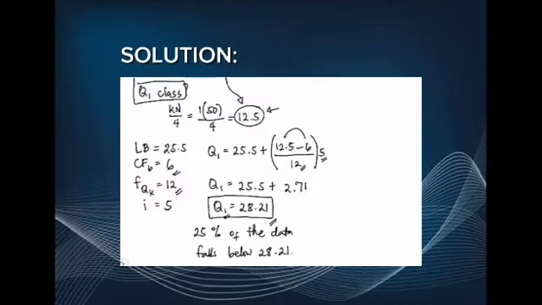We will go first to our lower boundary. LB equals 25.5, followed by CFB, which means the cumulative frequency before the quartile class. This is also our quartile class, so this is our Q sub 1 class.